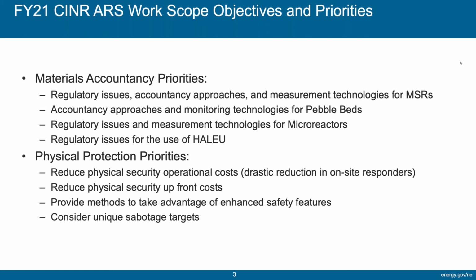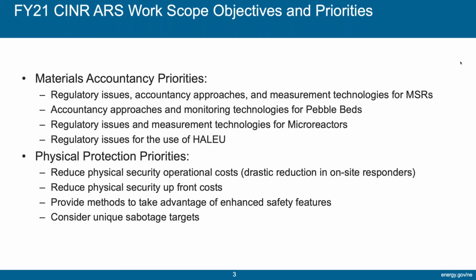For the physical protection side, advanced reactors are smaller in size, so we look at facility design and engineered security features, and we need mitigation measures to basically reduce human action or human presence at the site.